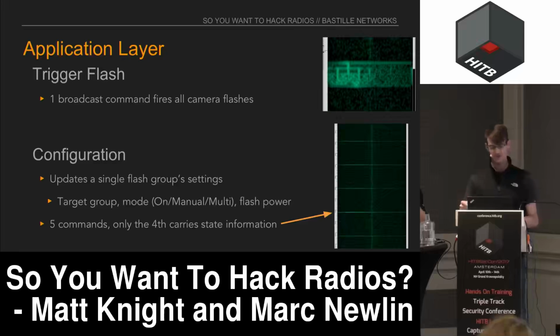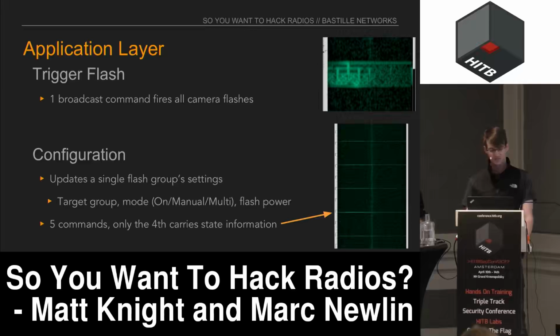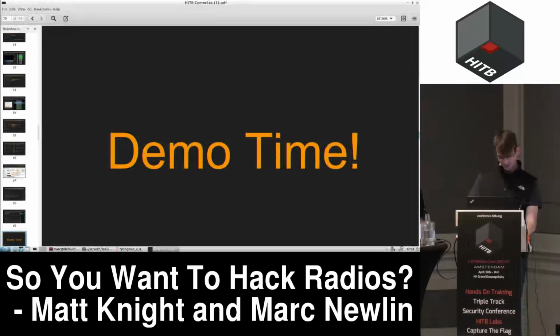However, only the 4th command carries the state information. The other ones are always static no matter what you're trying to do. And I think they're probably wake up and synchronization messages or something like that. It actually doesn't work unless you send those as well. So by using this series of configuration commands, you can update a single flash group's settings. So you can change the mode, whether it's on or off, and change the flash power and things like that. So let's do a live demo here and see how it goes.